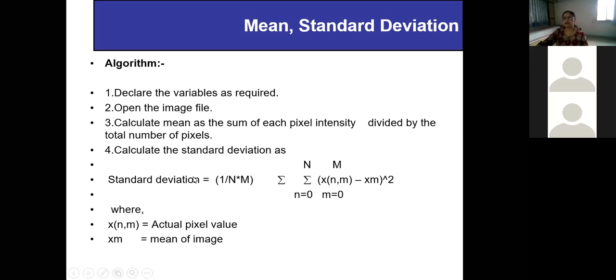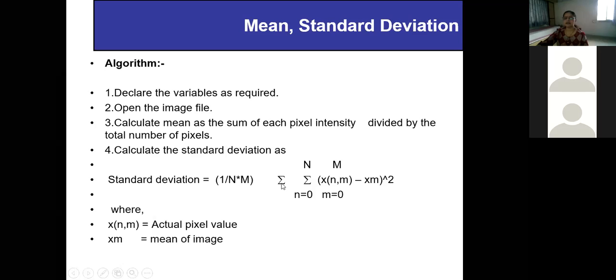And what is standard deviation? Standard deviation is as given here. Basically, we subtract the mean value from every pixel value, and then we take the square of this difference. We determine the square of the difference for all the pixels in the image, and then divide by the total number of pixels. If we consider an image of size m by n, with m rows and n columns, then the equation is as shown here.